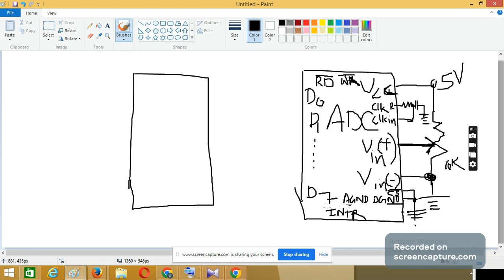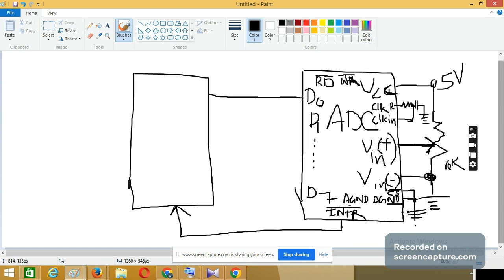Once the conversion is over, this will give information to the microcontroller. That means this is the output signal. It informs the microcontroller that conversion is over so that you can read. The read is the control signal which allows the microcontroller to read the digital signal from ADC. These are the control signals.